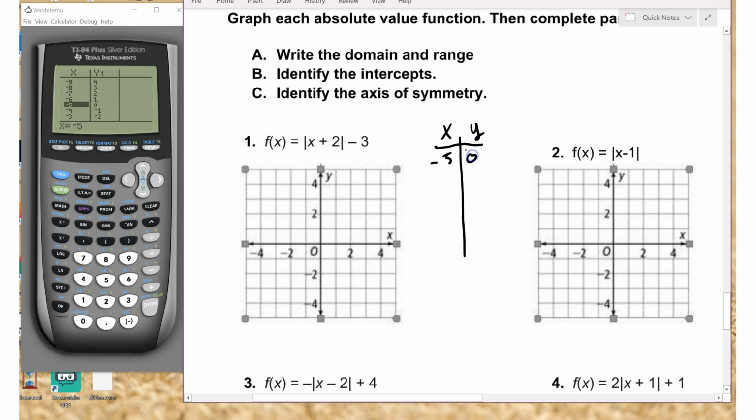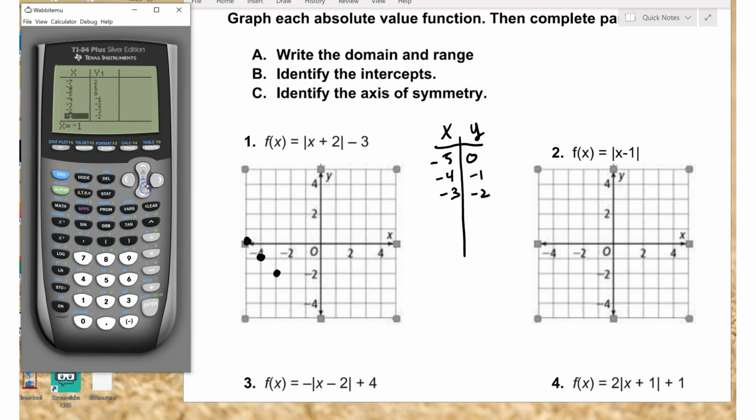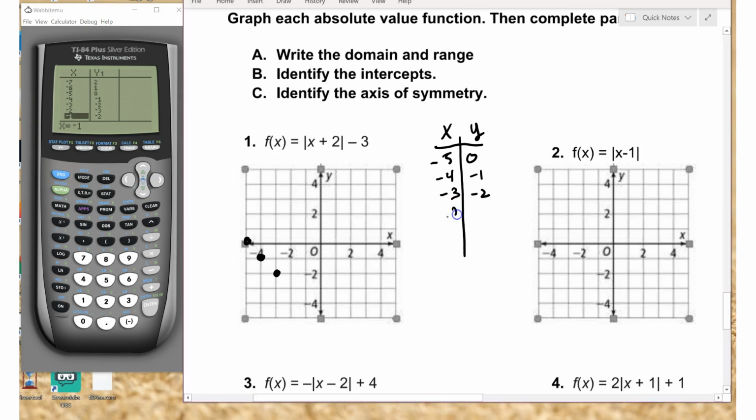I have negative 5, 0. I have negative 4, negative 1. Negative 3, negative 2.